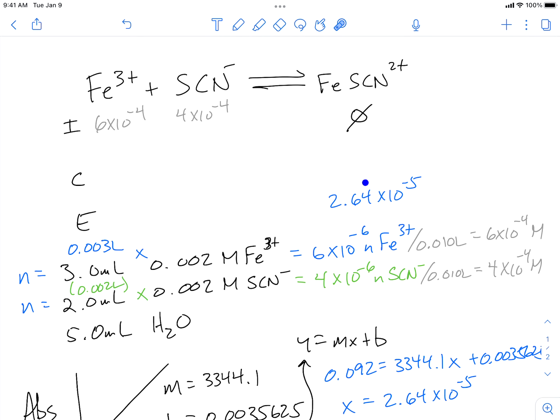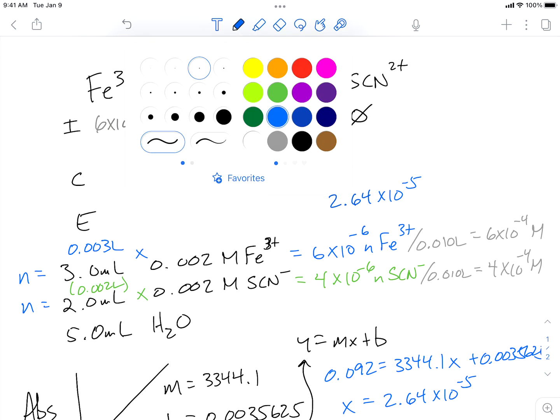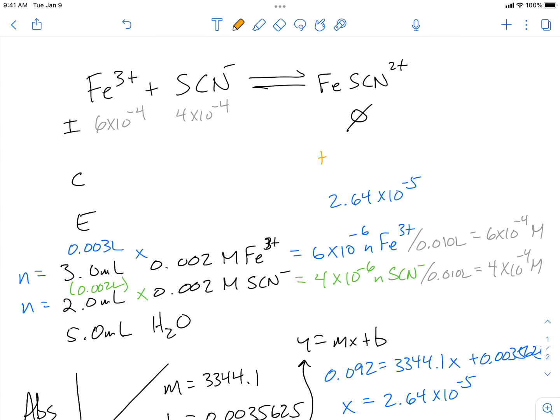Stoichiometrically, everything's in a 1-to-1 ratio. So with a positive change of 2.64 times 10 to the minus fifth for the complex, we have a negative change of that same value on our reactant side: minus 2.64 times 10 to the minus 5.